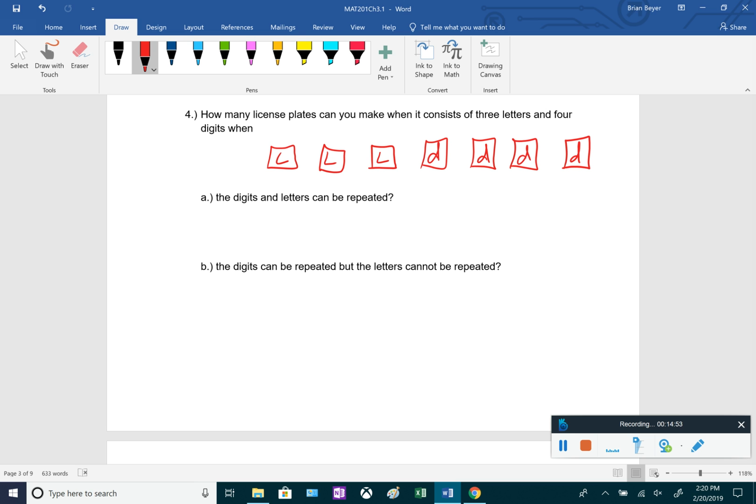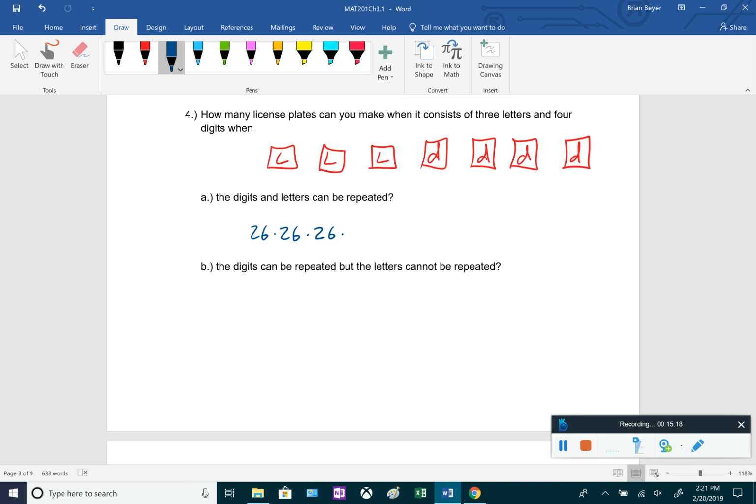So first question, we want to know how many are possible if the digits and the letters can be repeated. For the first option, it's letter. There are 26 letters, so 26 for the first one. The second one's also a letter. We can repeat it, so there's all 26 options left. Same thing for the third one.